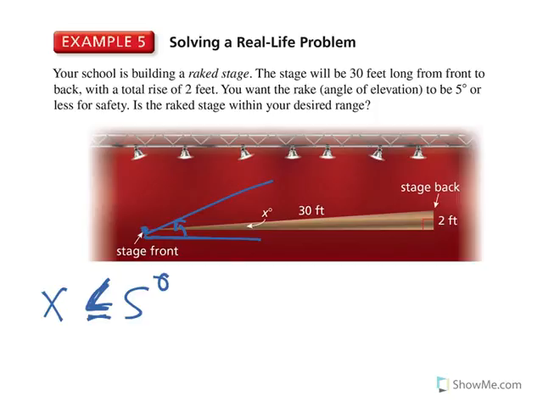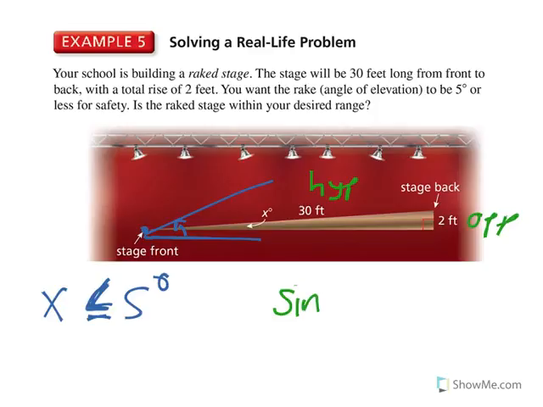So in order to figure that out, we're going to use those two sides. If this is my reference angle, I have my hypotenuse here because that's my 90 degrees over there. Across from my 90 is my hypotenuse. Opposite of my x is going to be my 2 feet. So if we have opposite and hypotenuse, that is going to be which one? Okay, think about SOHCAHTOA. S-O-H-C-A-H-T-O-A. So our function that uses opposite and hypotenuse is going to be our sine function.